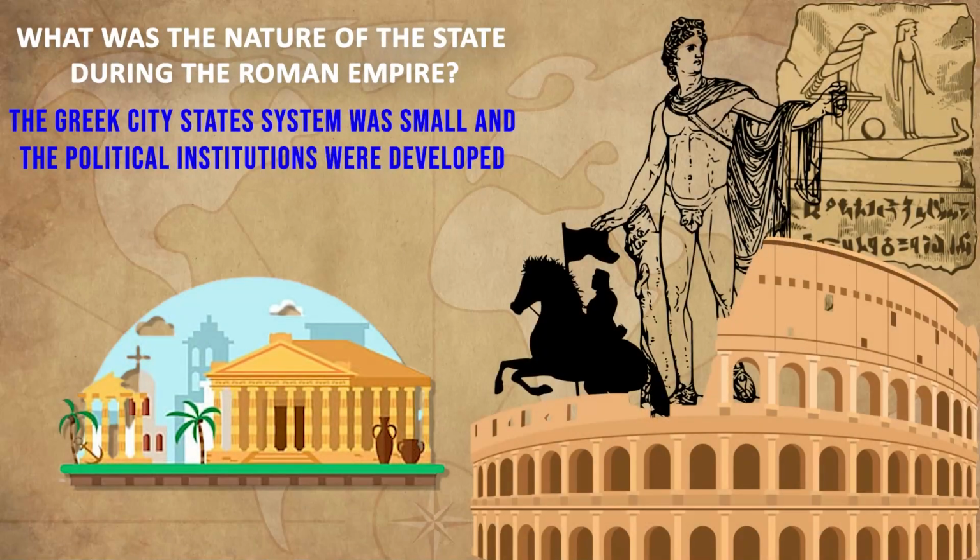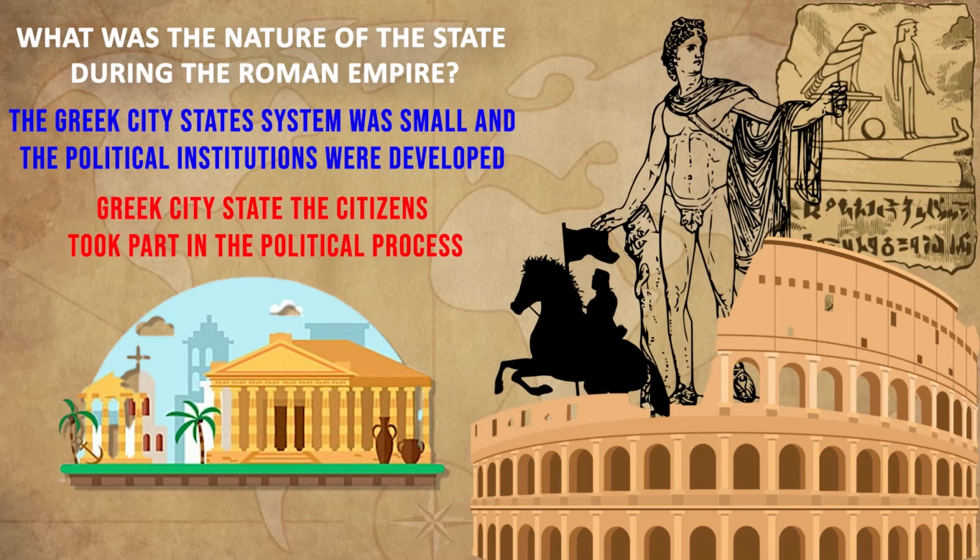The Greek city-state system was small, and the political institutions were developed because in a Greek city-state, the citizens who took part in the political process got ample opportunity to develop the institutions of the state.